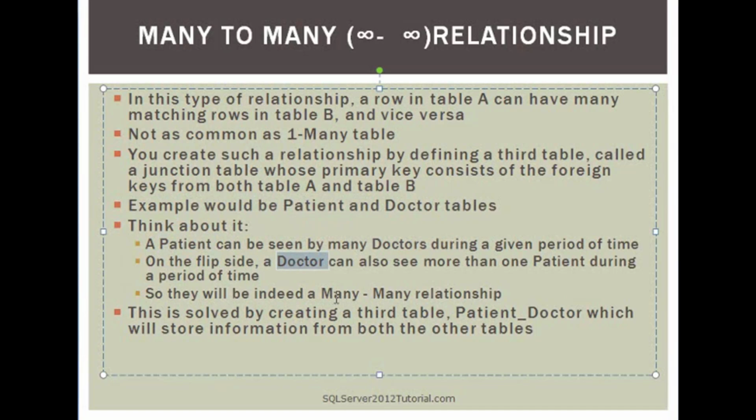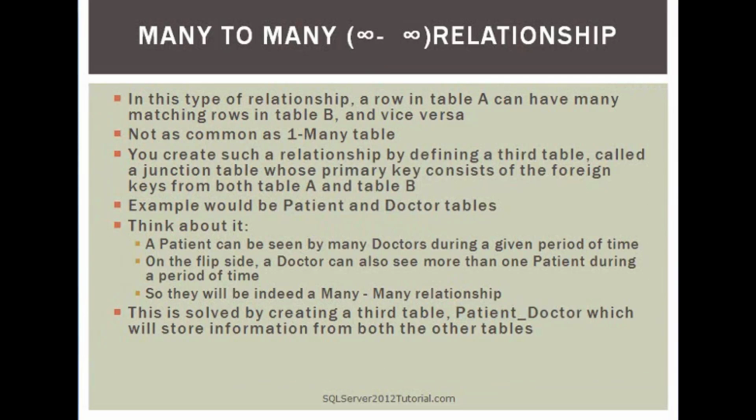So this will be considered a many-to-many relationship. Now, in order to create this in SQL Server, you need to create a third table. We can call it a patient-doctor table. This will store information from both tables. So you'll bring in the patient ID from this table, and you'll bring in the doctor ID from this table. We are definitely going to show you this in a demo.